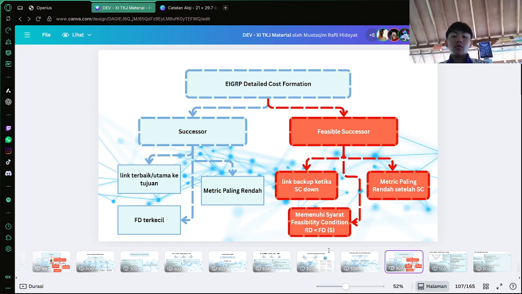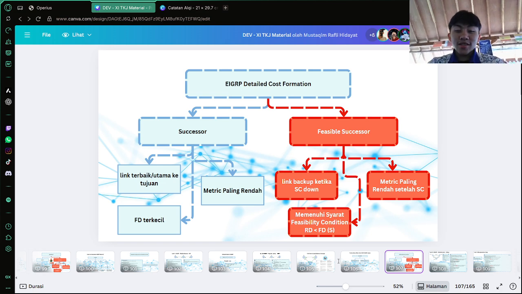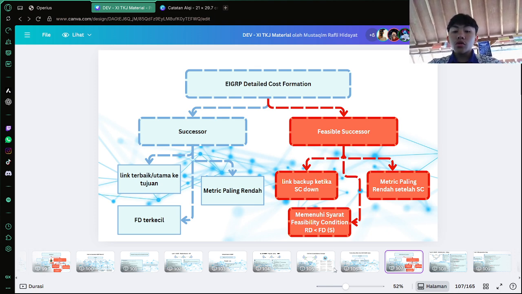And the conclusion and the best practice. The first conclusion is EIGRP reliability: the DUAL algorithm provides loop-free path convergence. And the next is flexible load balancing: support for up to 32 equal-cost paths and unequal cost distribution.